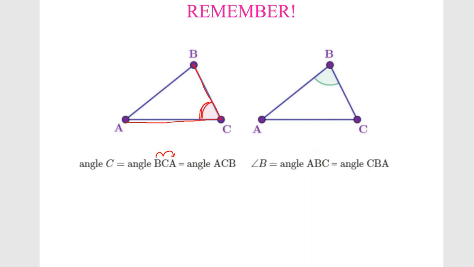If I go from A to B to C, that's here to here. So it would be this angle. Watch how you're labeling it.